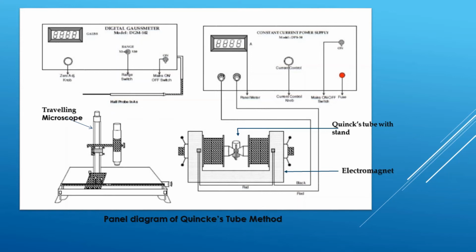So we'll use the traveling microscope to measure the rise in height, the change in the height, and we'll use the digital Gauss meter to find the magnetic field at a particular current. We'll see the detailed operations of the apparatus in the practical demonstration.